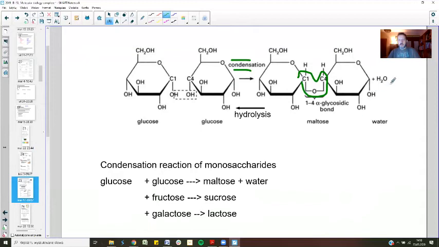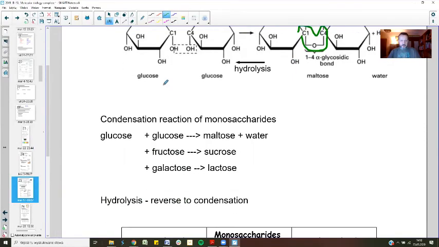So water is used to fill the gap between the carbon here and oxygen. We know from the previous lessons that hydrolysis is an example of a catabolic reaction, because a more complex compound is broken into simpler ones, whereas condensation is an example of an anabolic reaction.